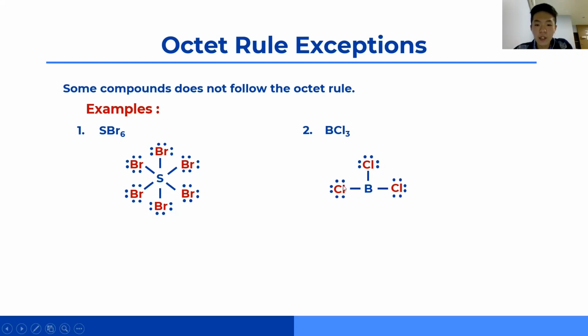So we can see that chlorine follows the octet rule because it has 1, 2, 3, 4, 5, 6, 7, 8 valence electrons. However, boron does not follow the octet rule as it only has 1, 2, 3, 4, 5, 6 electrons. So these two compounds do not follow the octet rule, but they actually exist in this world.